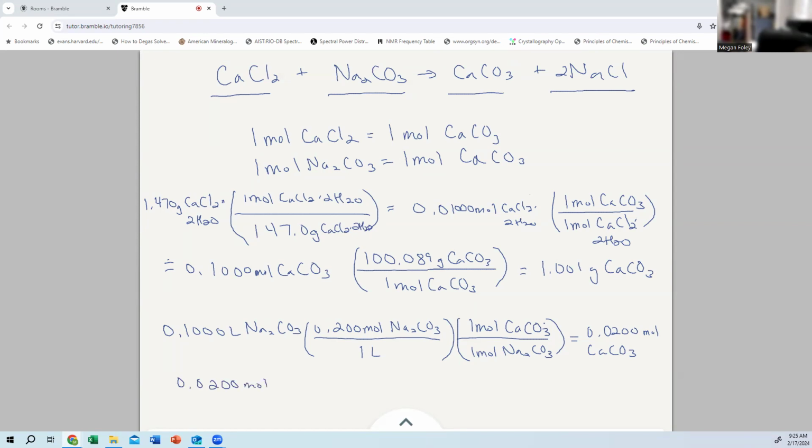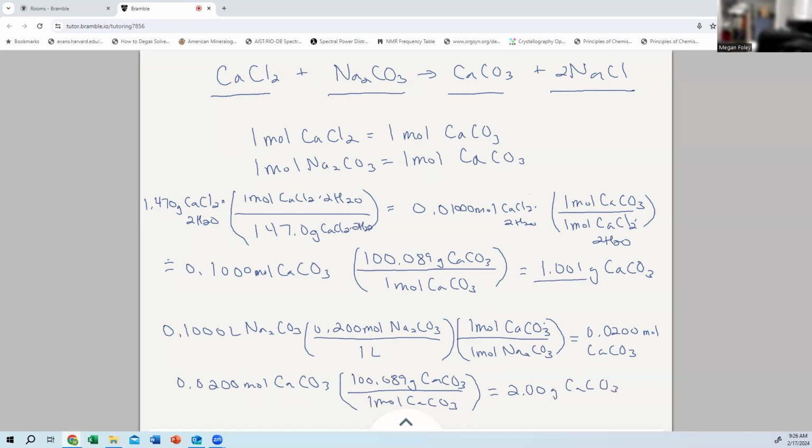Okay, and then we take our 0.0200 moles of our calcium carbonate. So going back to this part, multiplying by the molar mass of calcium carbonate. Giving us 2.00 grams of CaCO3.